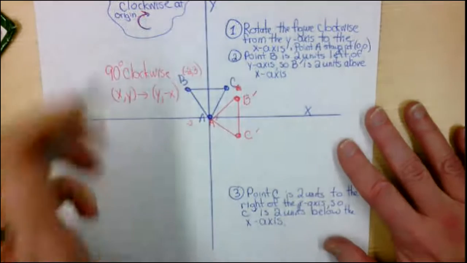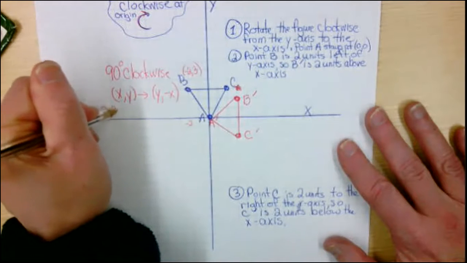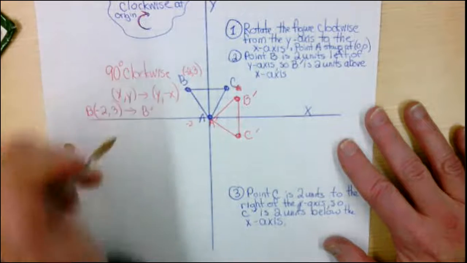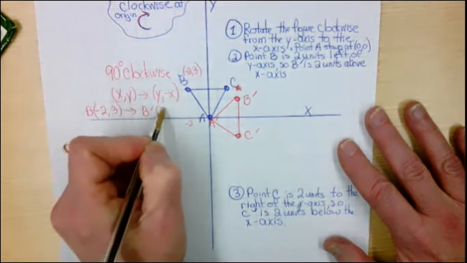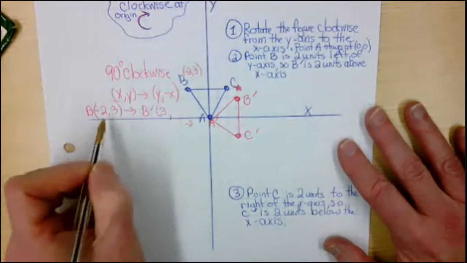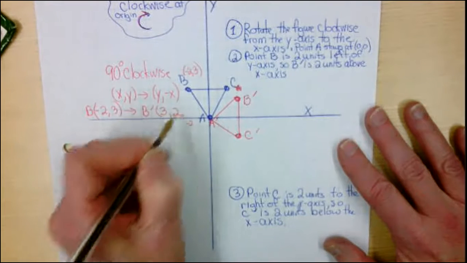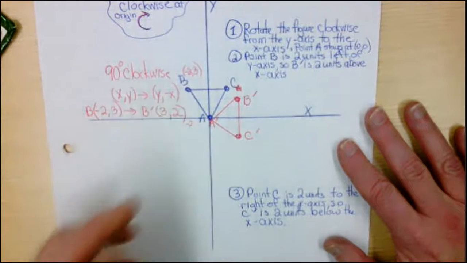Now B prime is going to switch places. 3 is going to become the first one, and the x is going to become the second, and it's going to change to the opposite sign. So it was negative, now it's going to be positive.